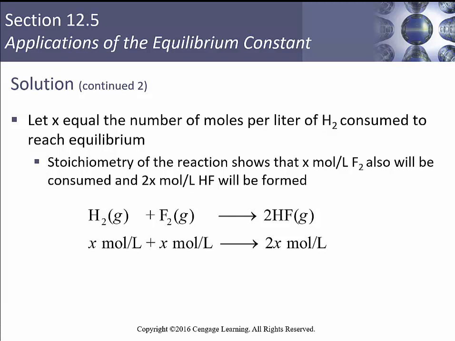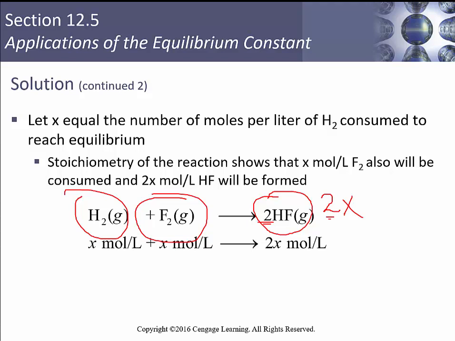Right? So if we're decreasing our H2 by 1, we're decreasing our F2 by 1, but we're making twice as much HF, so this guy's going to be 2 times x. The stoichiometric coefficient here determines what we do with x over here.